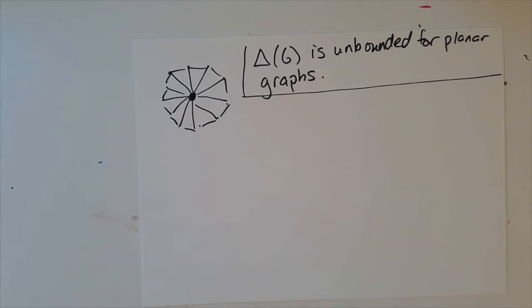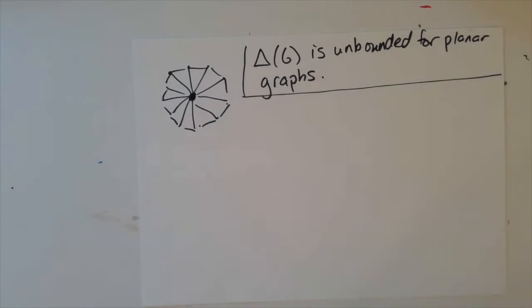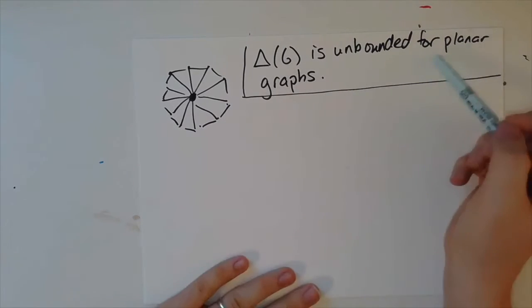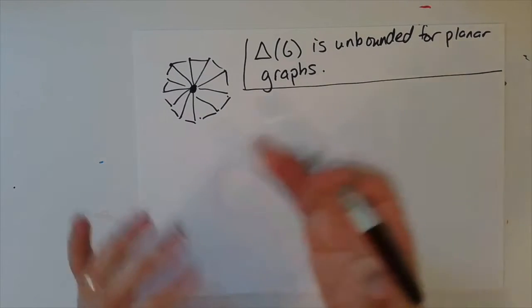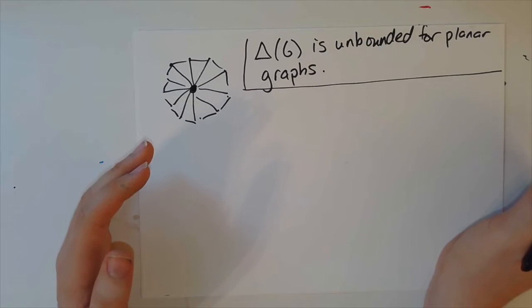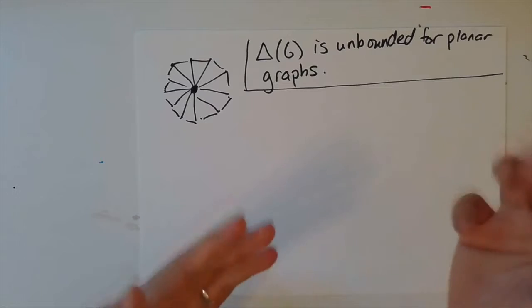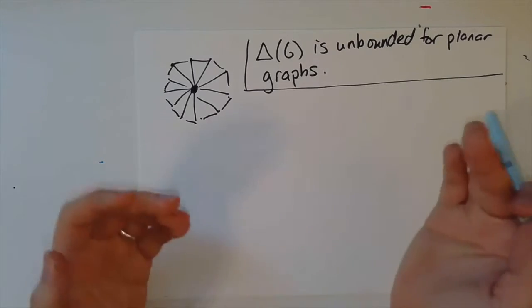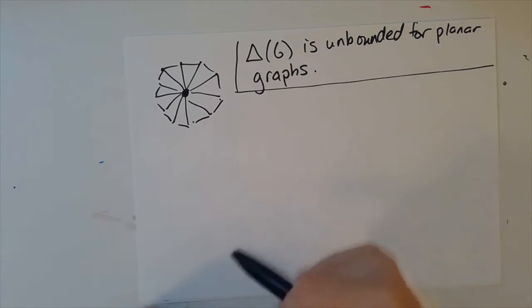They can have 3 vertices of degree as high as you want. You can string these together. But there's this sort of secret constraint that no matter how you arrange the edges on one of these planar graphs, always you're going to end up with a vertex whose degree is small, at least in that it's not larger than 5. It could be equal to 5.